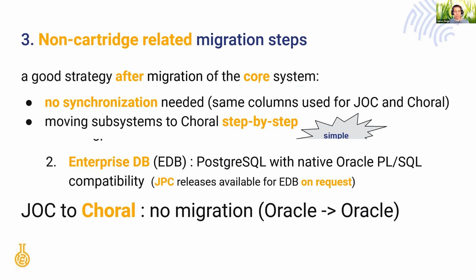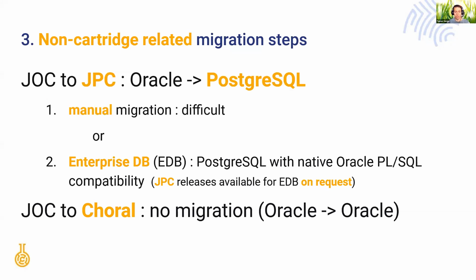So if you have a very large system, maybe Enterprise DB is the best solution, which allows you to have a Postgres engine, but with Oracle compatibility, the PL/SQL compatibility. So all the code that you had, they promise that it will work with Postgres as well.